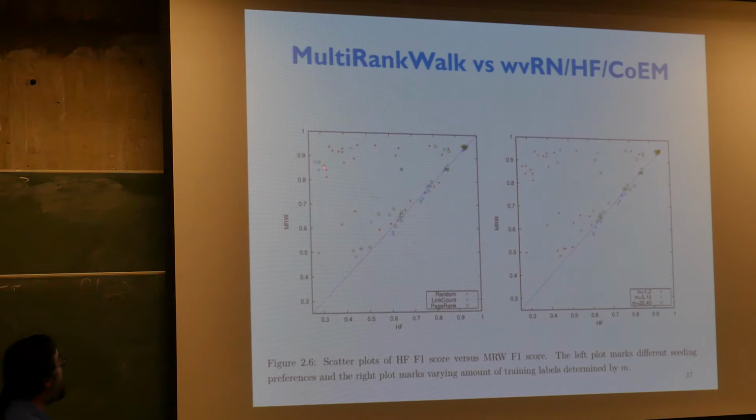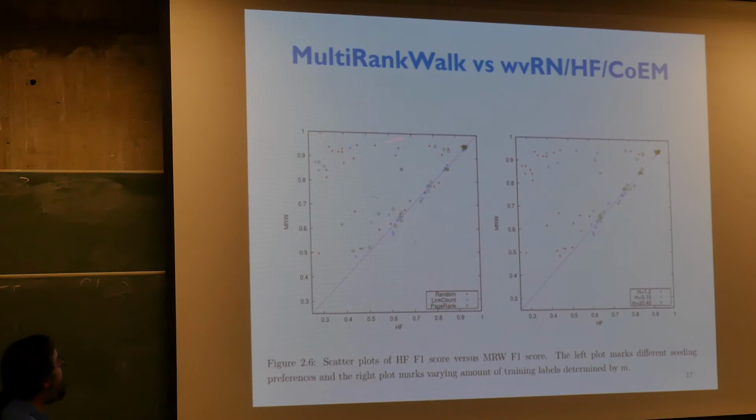And we're plotting these so the MultiRankWalk score is on the y-axis, and the harmonic function score is on the x-axis. So basically anything in this upper triangle, MultiRankWalk is doing better. So again, you can see it's mostly doing better.